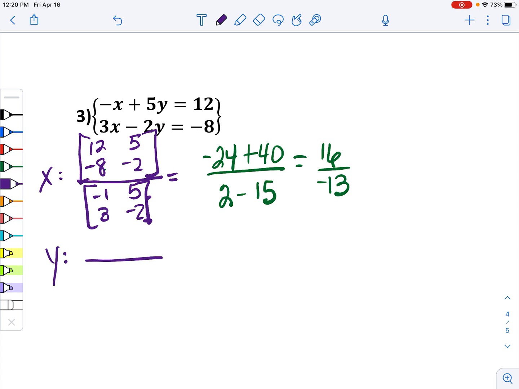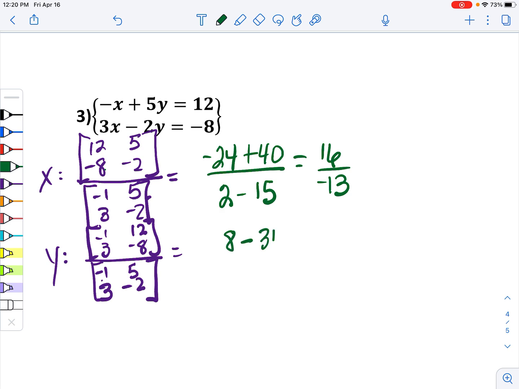So then on this one, my coefficient matrix goes on the bottom, so it's negative 1, 3, 5, and negative 2. This time I'm going to keep my x values, and I'm substituting in my constants for my y values. So negative 1 times negative 8 is a positive 8, minus 3 times 12 is 36.